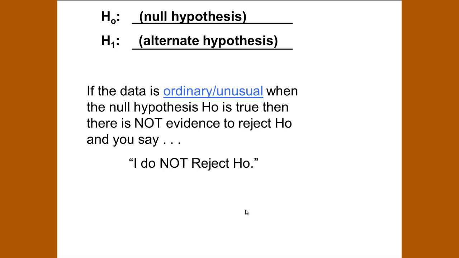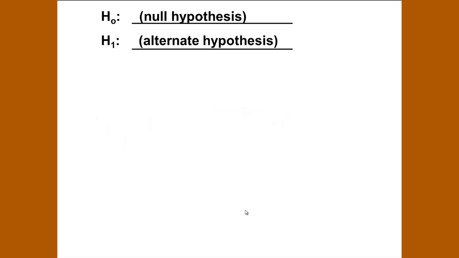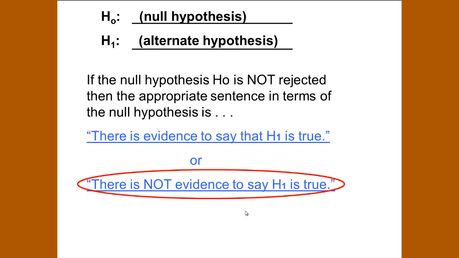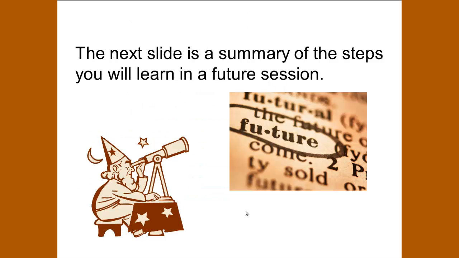If the data is ordinary when the null hypothesis H0 is true, then there is not evidence to reject H0, and you say, I do not reject H0. If the null hypothesis H0 is not rejected, then the appropriate sentence is, there is not enough evidence to say H1 is true.